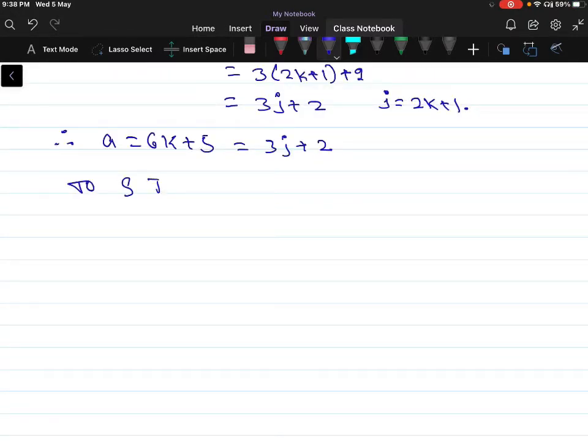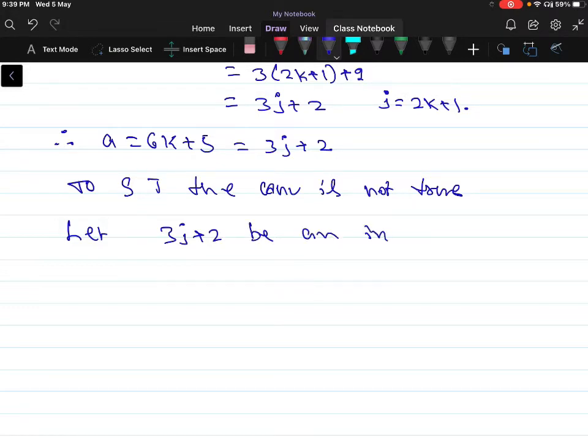Show that the converse is not true. Let 3j plus 2 be an integer. We note that j is either even or odd.